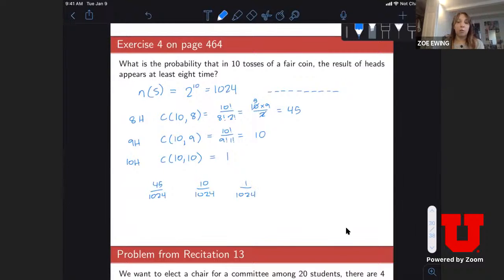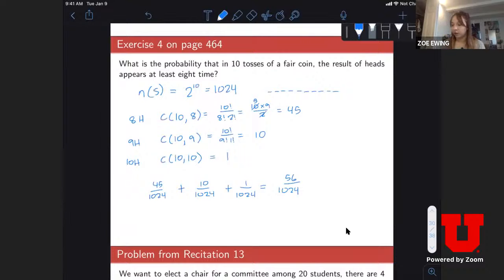So do we multiply or add these? Yeah, we'll add them. And so it comes out to 56 over 1024. And you can totally leave it in that form.